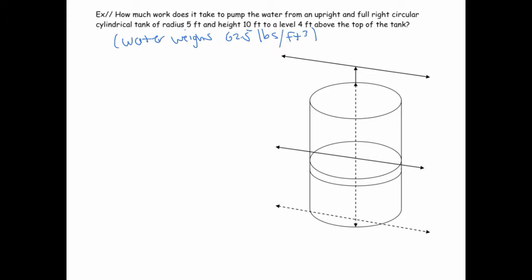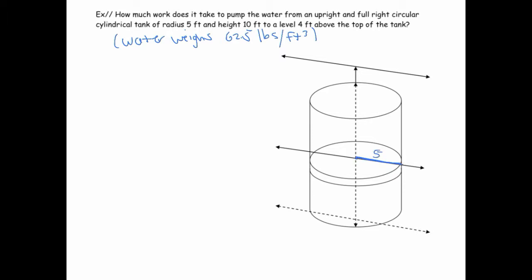So what's the situation? The question is, how much work does it take to pump the water from an upright and full right circular cylindrical tank of radius 5 and height of 10 to a level 4 feet above the top of the tank? First of all, this is a cylindrical tank whose radius is 5.